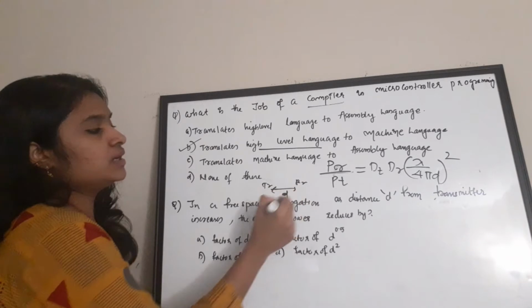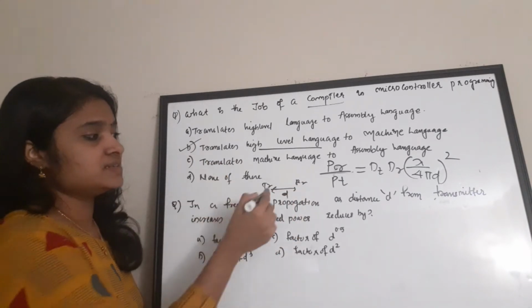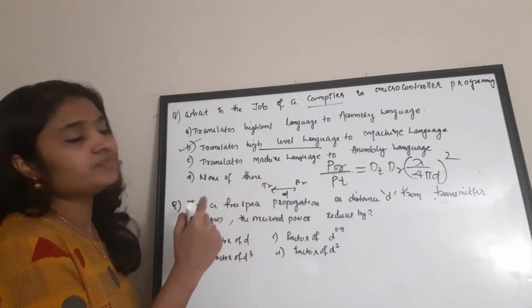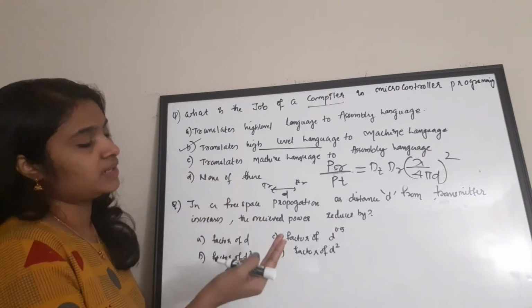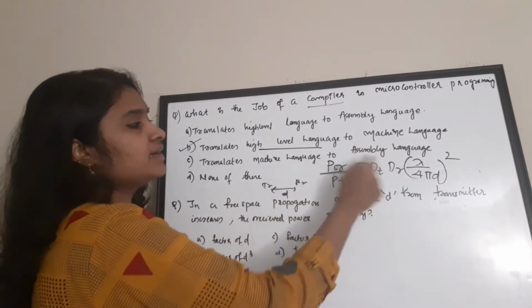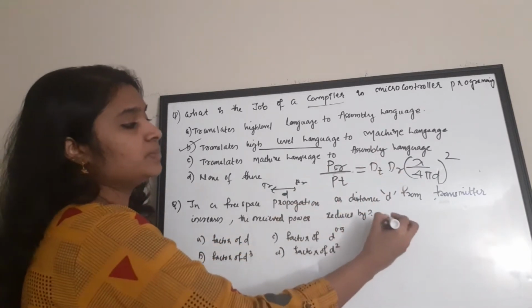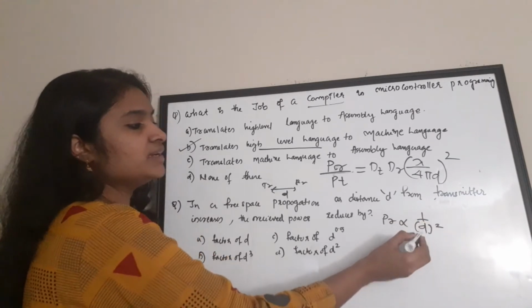Okay. Now, in this question, they are asking when the d, that is the distance, is increasing, how will the power be affected? That is how much the power reduction is happening. So, from the equation, it is clear that PR is proportional to 1 by d square. So, what will happen if the d is increasing?